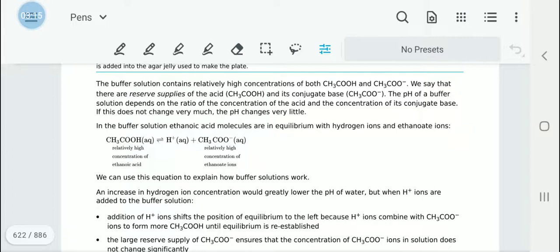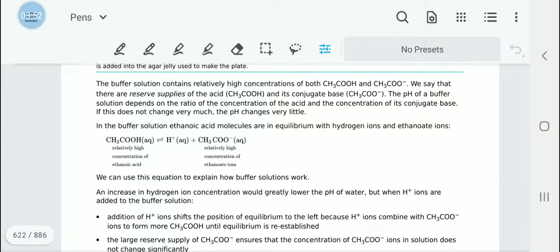You have a relatively high concentration of ethanoic acid, because ethanoic acid is not dissociated fully. Then you have a relatively high concentration of ethanoate ions, because you have got them from sodium ethanoate as well. If you increase the H plus ion concentration, that would lower the pH value.